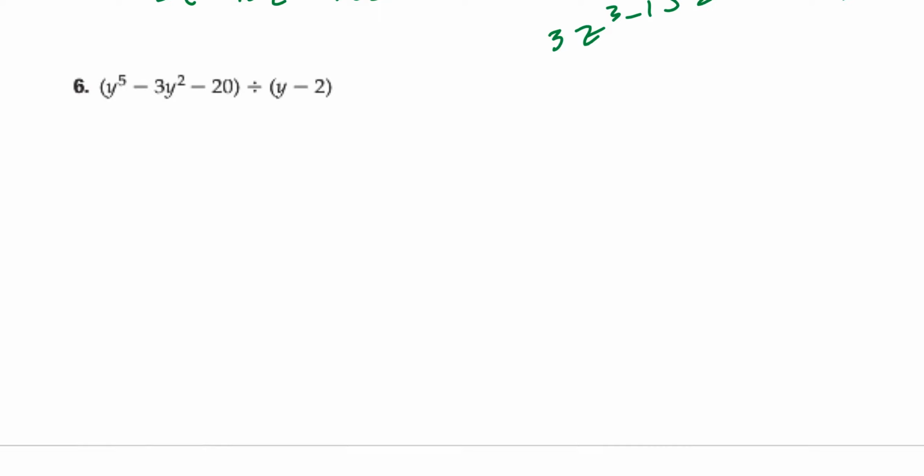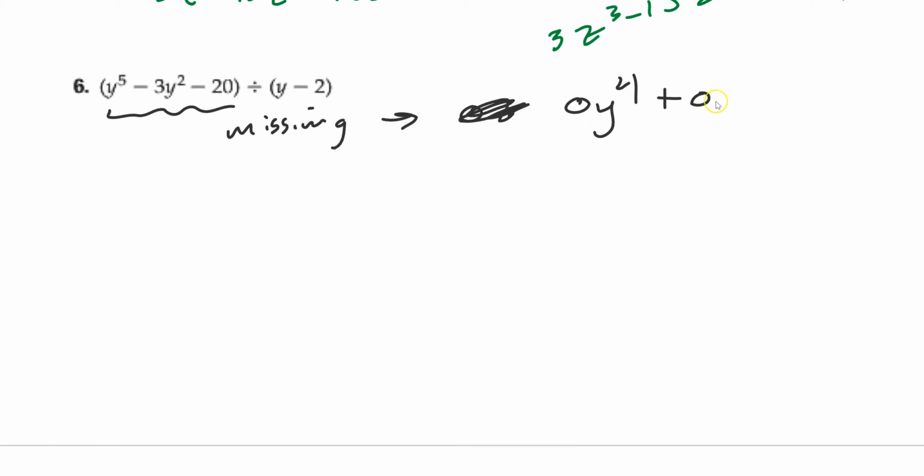This is another one. Now there's a reason I'm doing this one. If you notice this one, it's y to the 5th minus y cubed. If you remember what I'm talking about, stuff is missing. I don't like having stuff missing. Anytime it's missing, I don't care which way you do it, you want to add in zeros. So this is missing a y to the 4th, a y squared term, and a basic y.